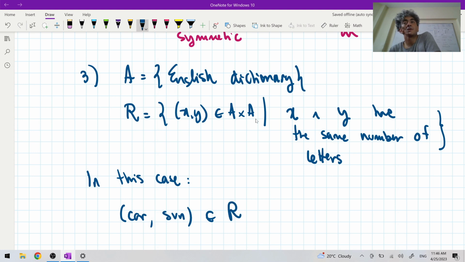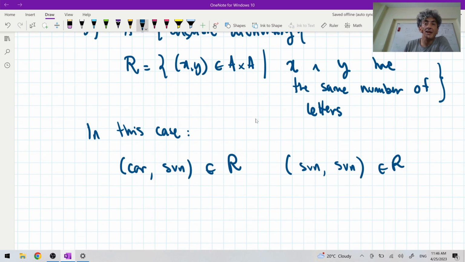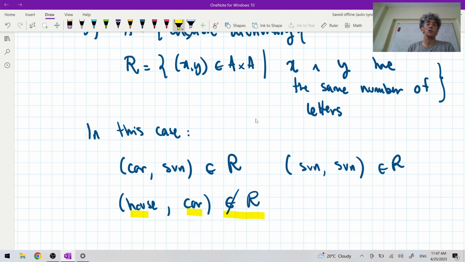Okay, also sun and sun are related. Okay, and say house and car do not belong to R. Okay, these two words have different number of letters, so the pair house comma car does not belong to R.